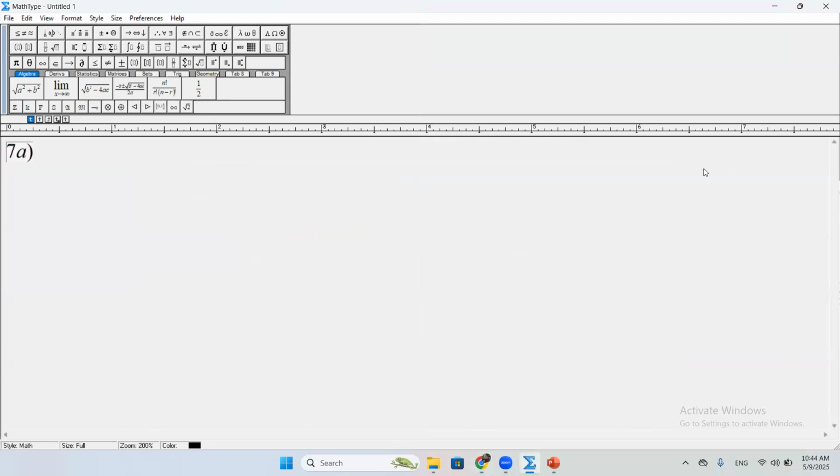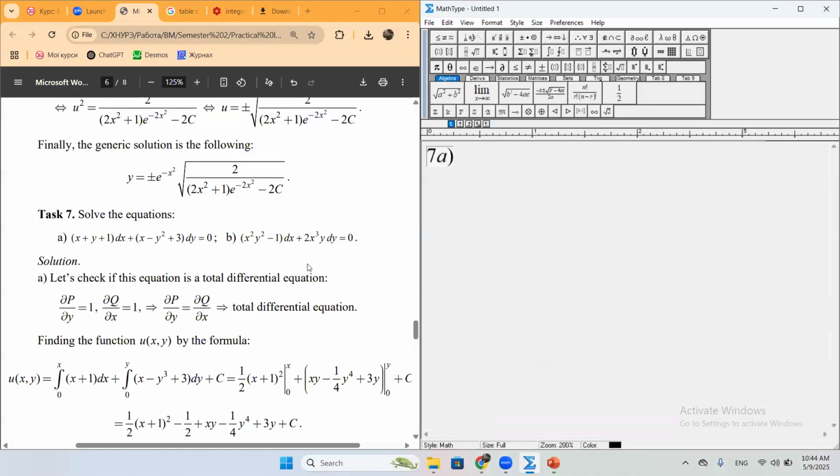So 7a. Now remembering some material from the previous lessons: restoring a function by its total differential. First of all, I'm writing down the equation, and after that I will explain.